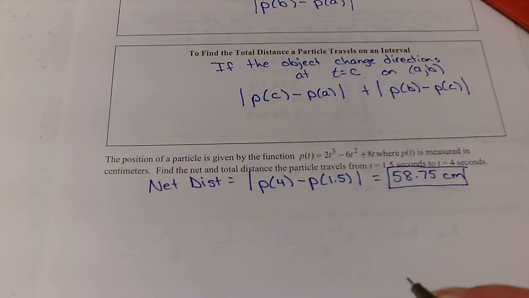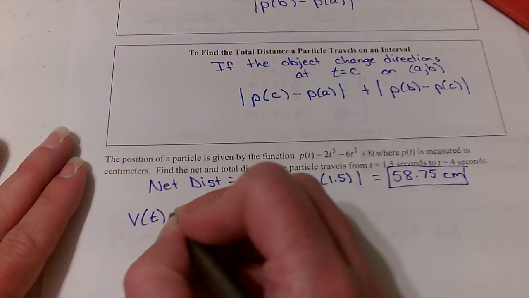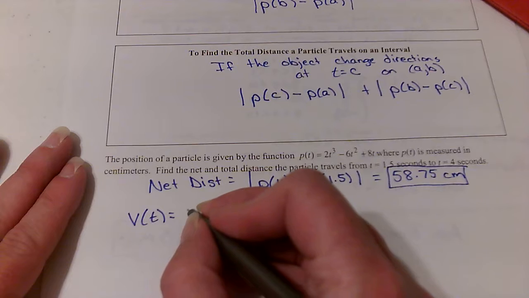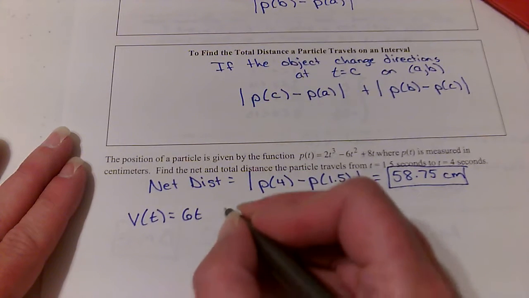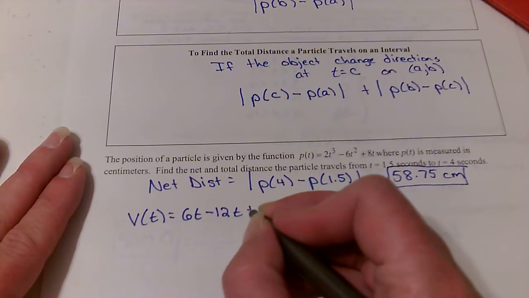But to figure out if we ever change directions, I need to look at velocity. Velocity is 6t squared minus 12t plus 8.